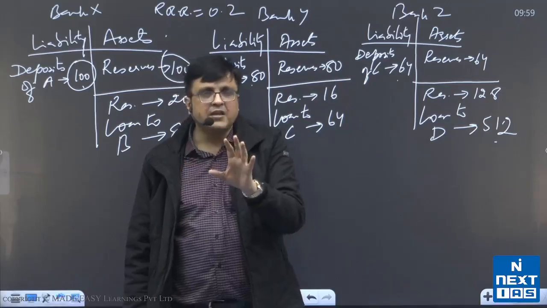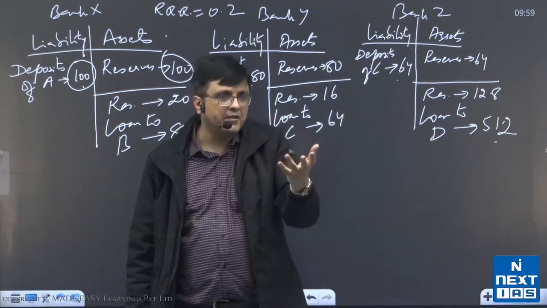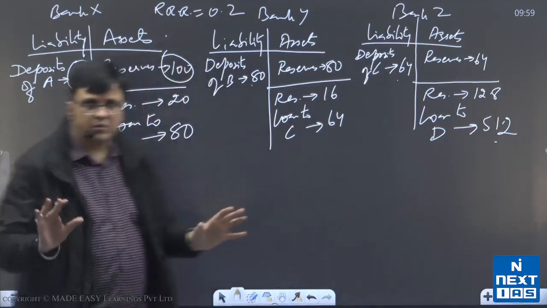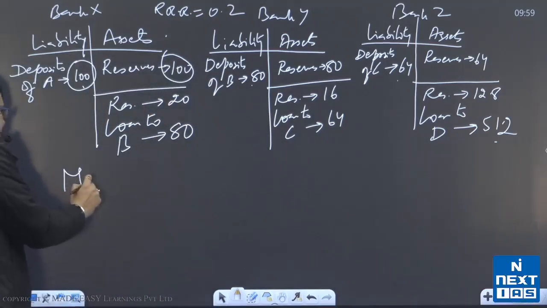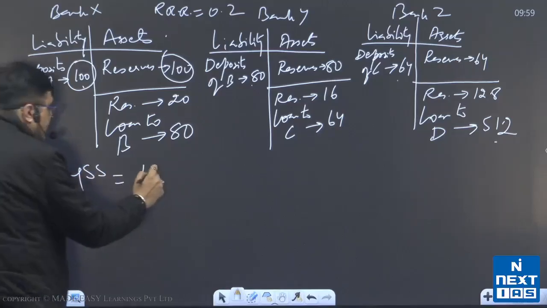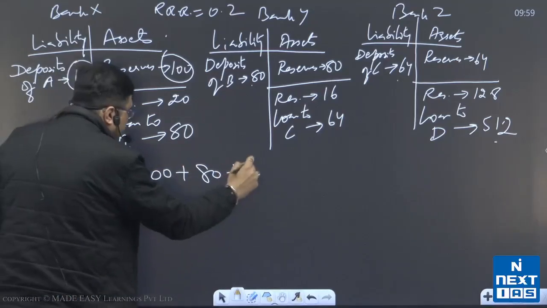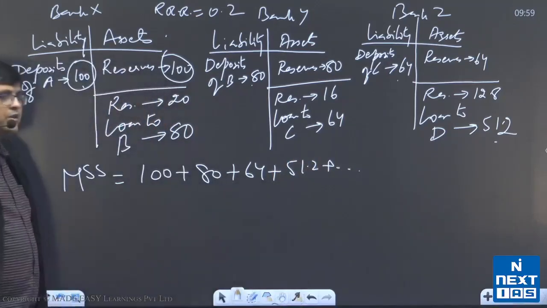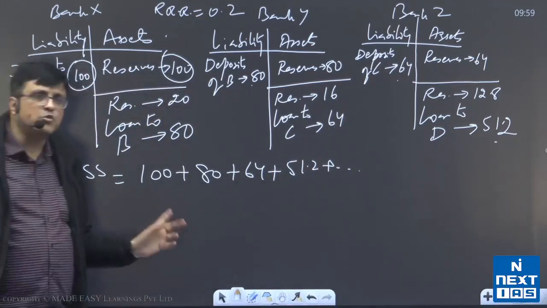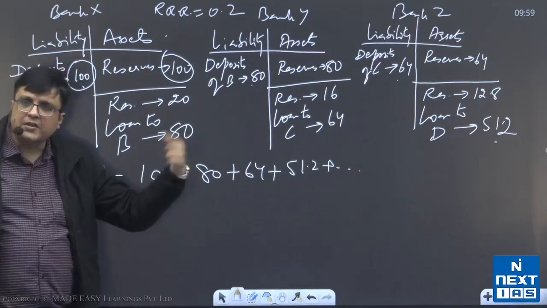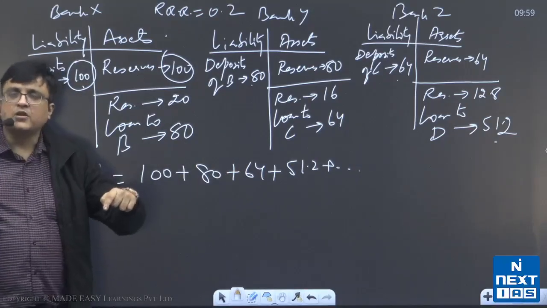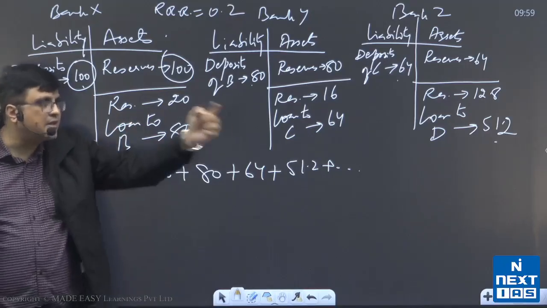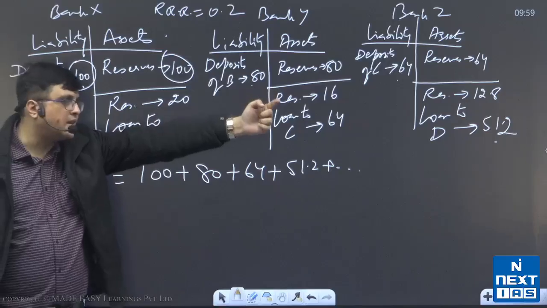क्योंकि अभी अभी आप सीखे that currency plus deposit is money supply. So if deposits are rising, money supply is rising. Just to put it in perspective for you, I can claim that money supply is rising at the rate 100 plus 80 plus 64 plus 51.2 and so on. सब लोग समझ रहे हैं क्यों मैं इसको मनी सप्लाई कह रहा हूं? क्योंकि ये डिपॉजिट्स बढ़ते जा रहे हैं. और डिपॉजिट क्यों बढ़ रहे हैं? क्योंकि बैंक एक फ्रैक्शन को रखकर, फ्रैक्शनल रिजर्व रखकर बाकी लोन दे देते हैं किसी और को जो फिर डिपॉजिट करते हैं कहीं और जाकर.